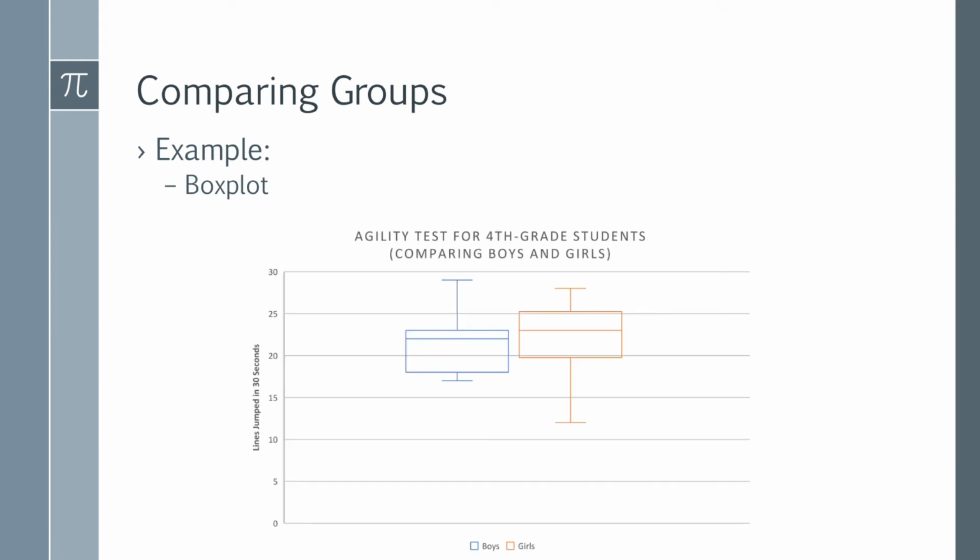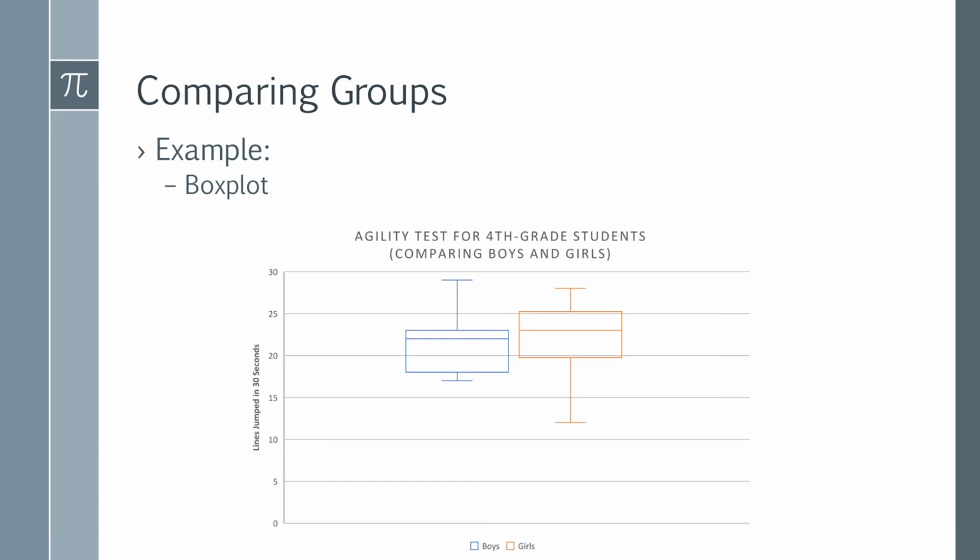So here's a box plot of the boys versus the girls, and the boys are in blue and the girls are in red. So once again, a little more interesting here. We can see in the box plot that our median for the girls is a little bit higher than it is for the boys. The girls look like they have a lower minimum than the boys do, and the boys have a higher maximum than the girls do.